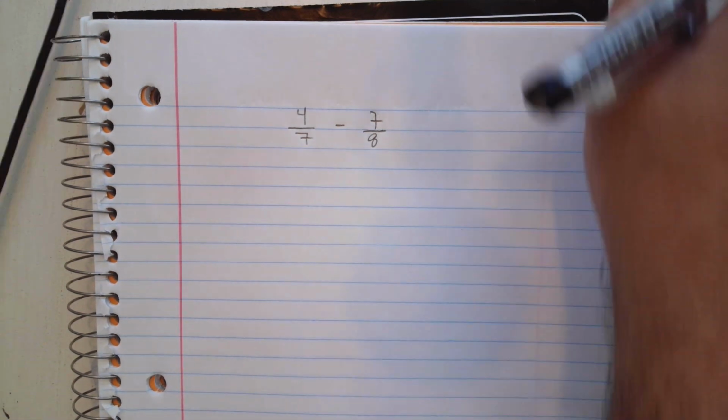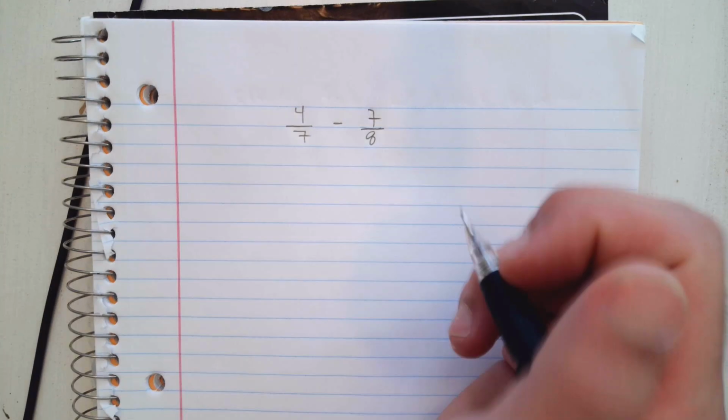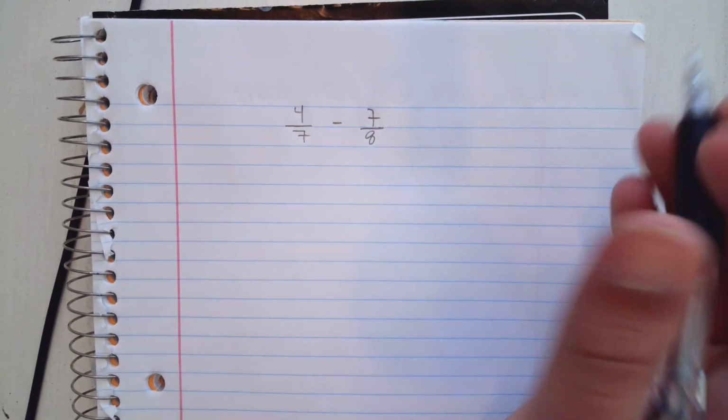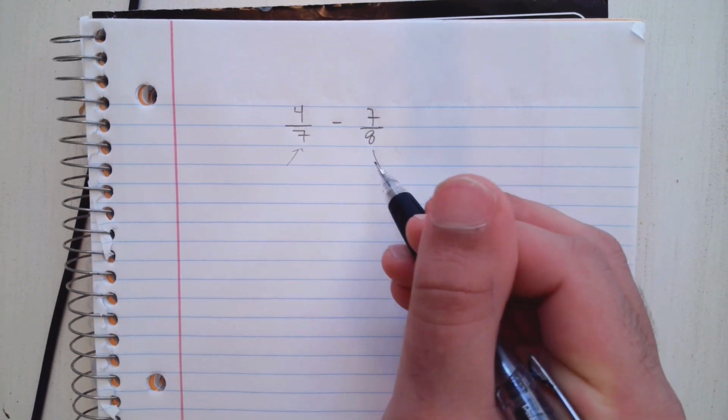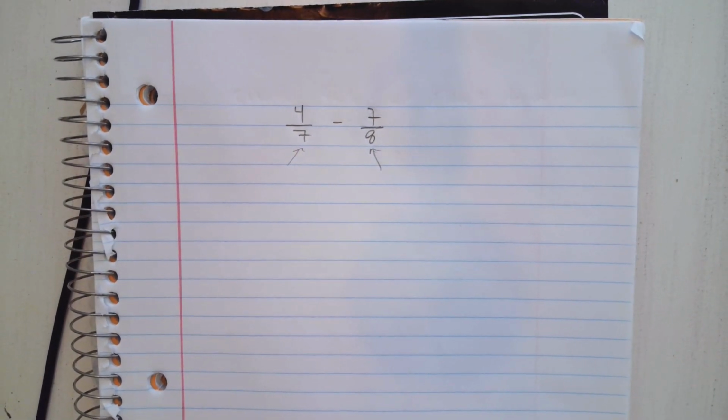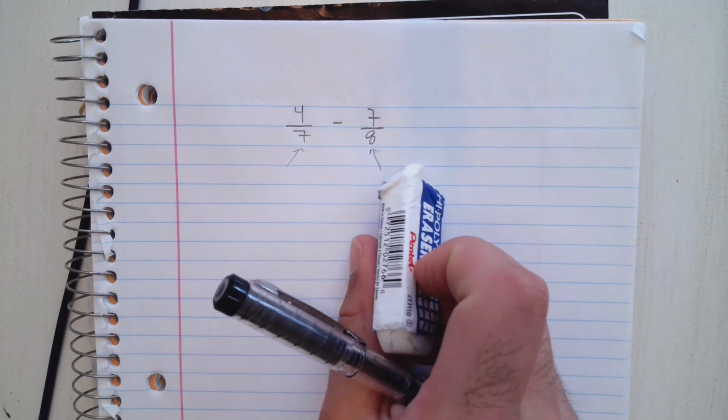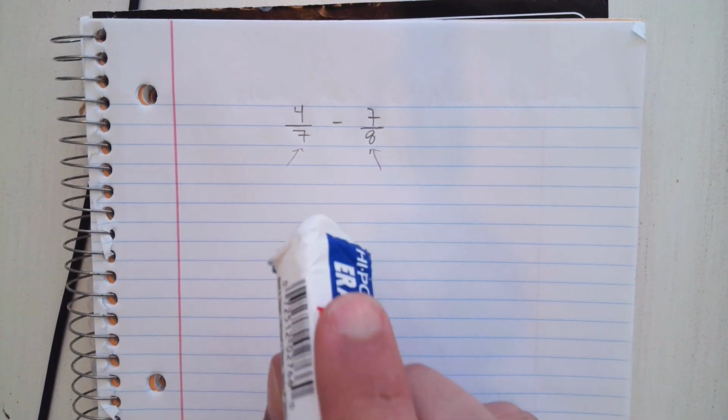Okay, so I think there are a few things we have to do before we start. First of all, whenever we add or subtract fractions, we have to make sure that the denominators are the same, right? And what's our strategy for finding a common denominator?